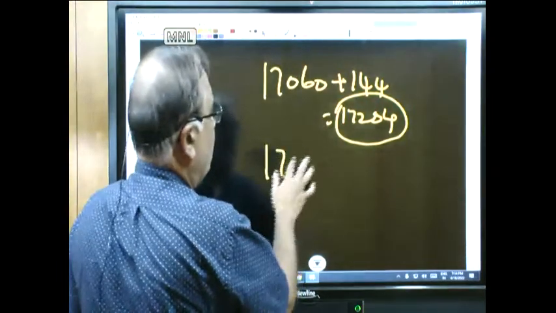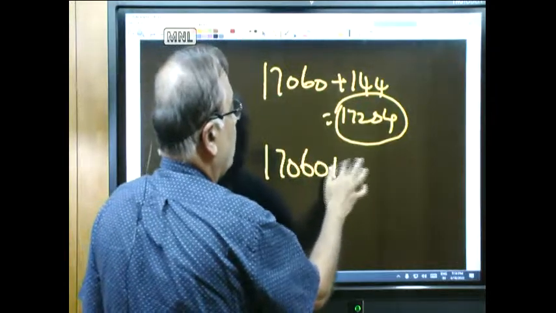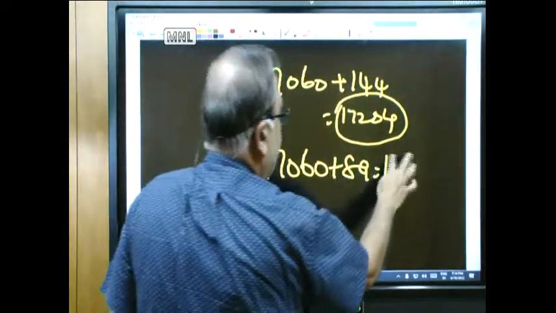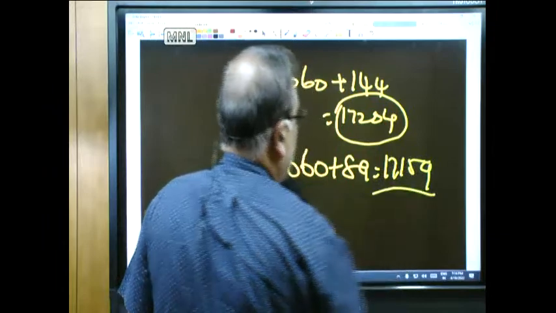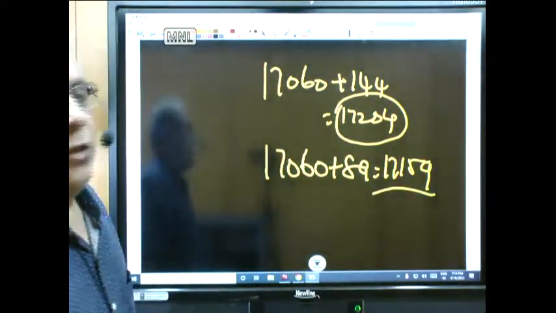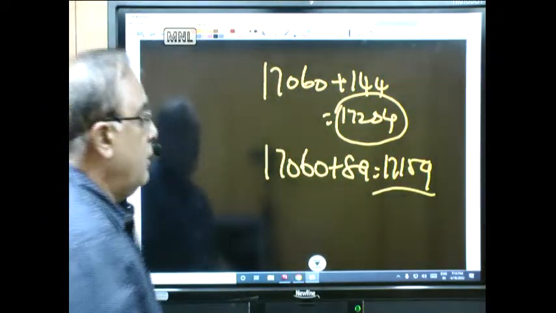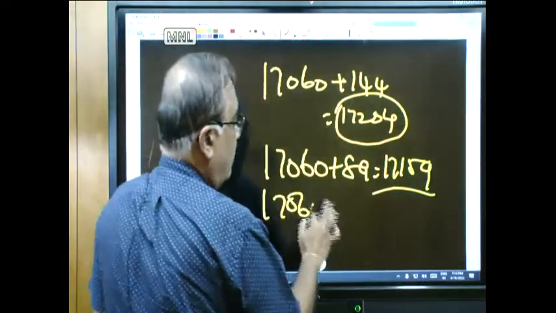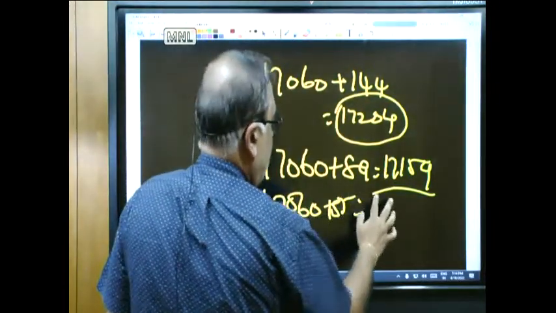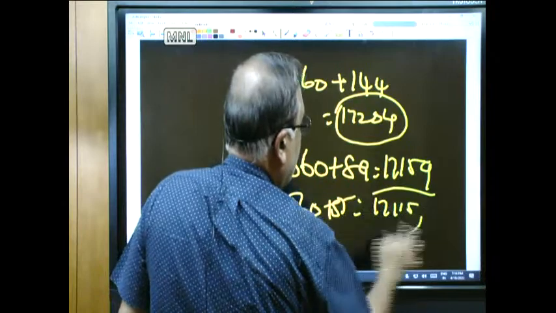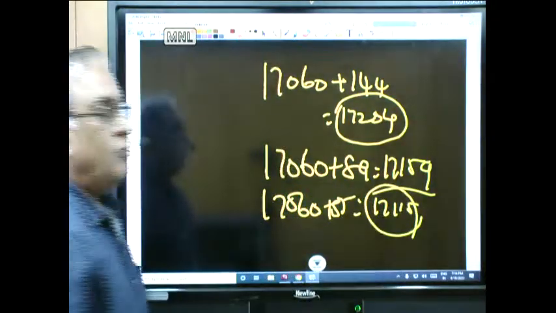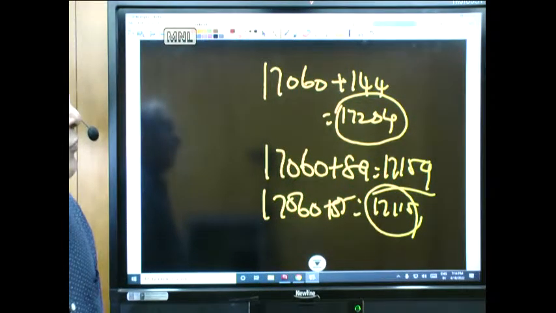The other areas that we can look at: 17,060 plus 89, which is 17,159. Okay. Then 17,060 plus 55, which is 17,115. So now it has gone up to 17,204.